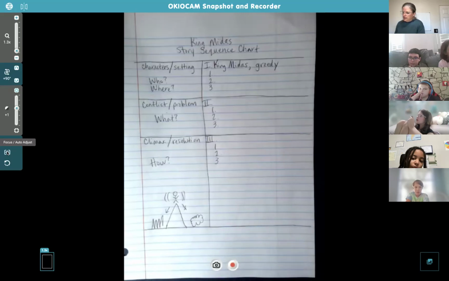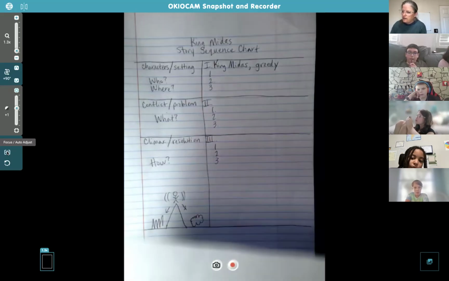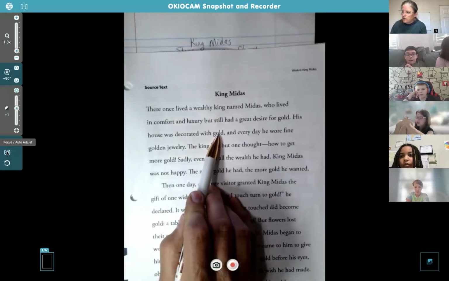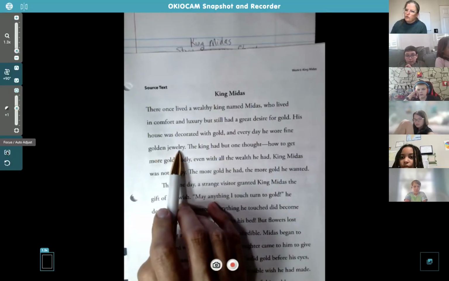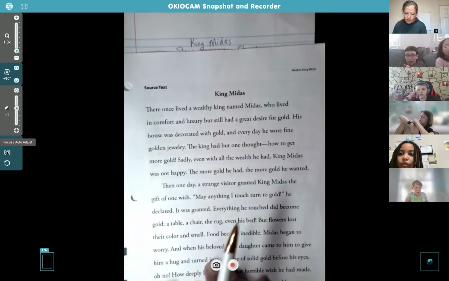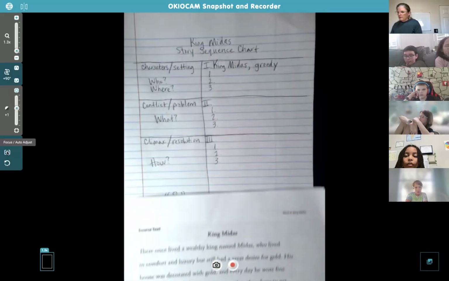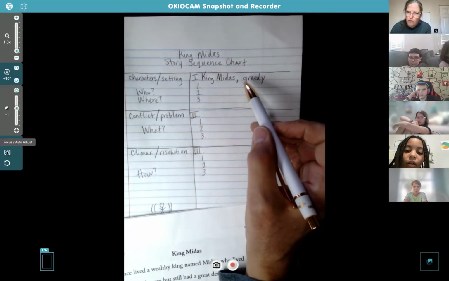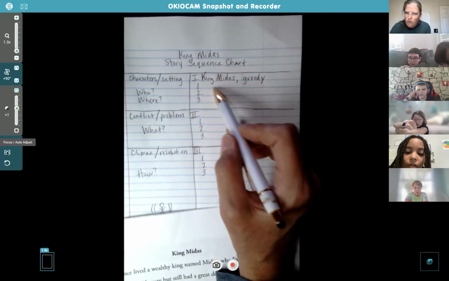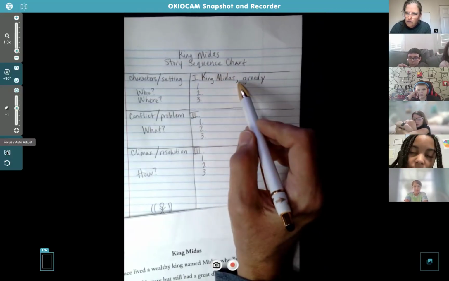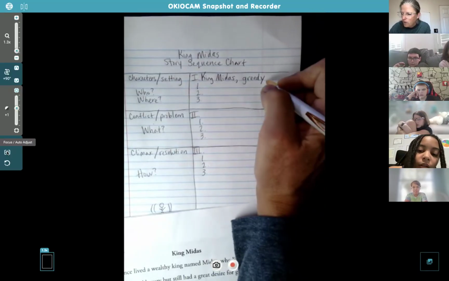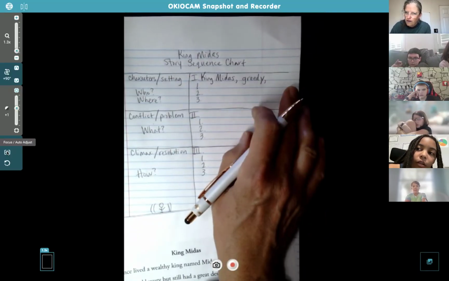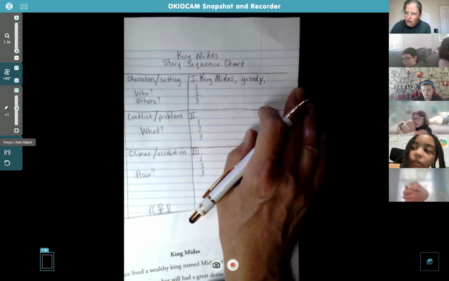Yeah, it said that his house was decorated in gold and that he had golden jewelry too. So he had lots of things gold already. I forgot something up here though, because if we count King Midas as one word, like Declan was saying, we can have space for one more word here. I know we're running out of room.